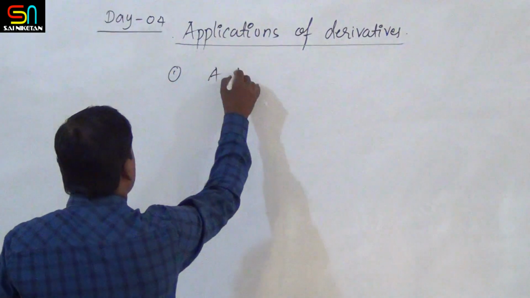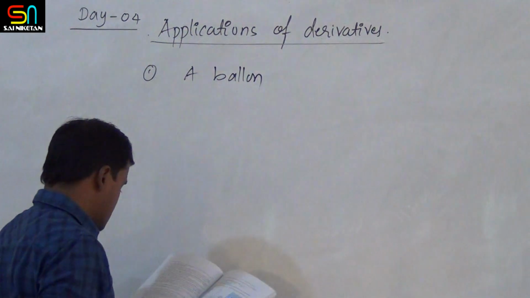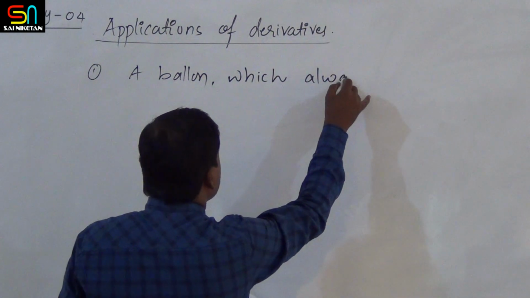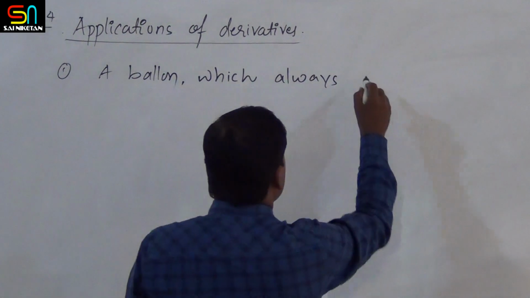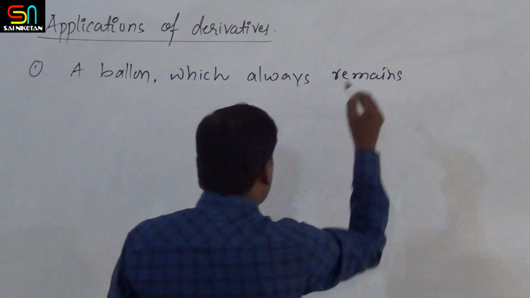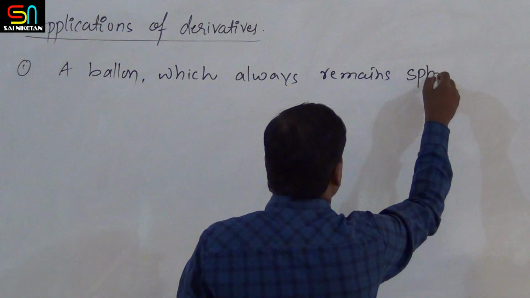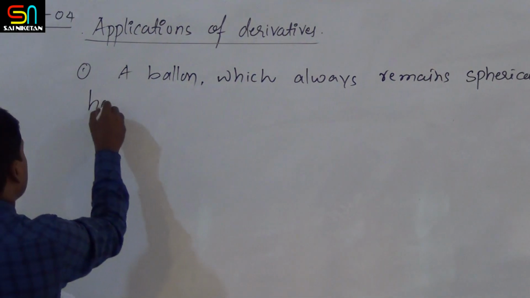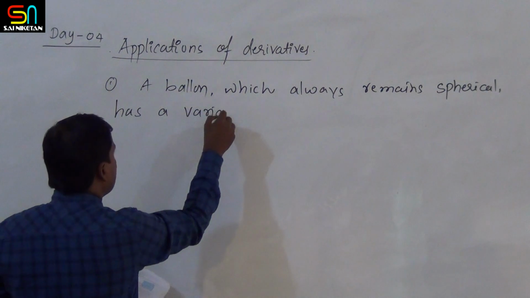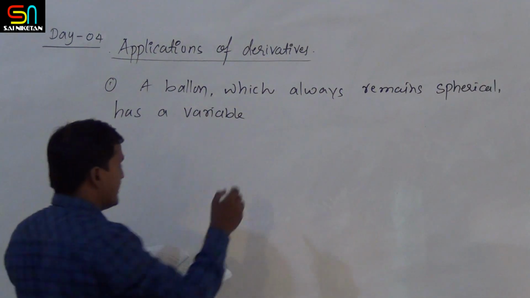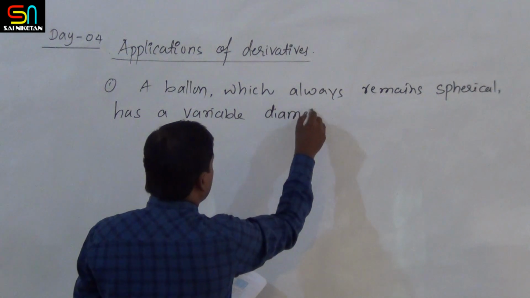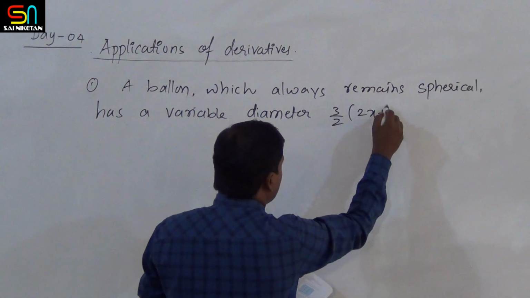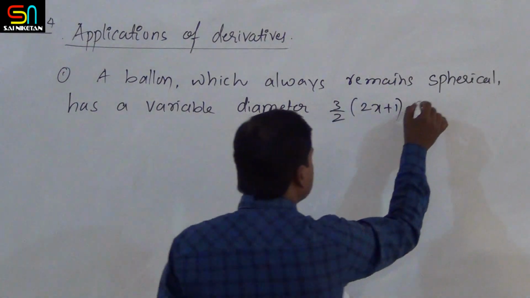Question number 1. A balloon which always remains spherical has a variable diameter 3/2 into 2x plus 1.